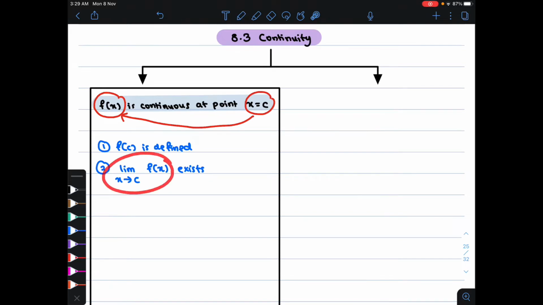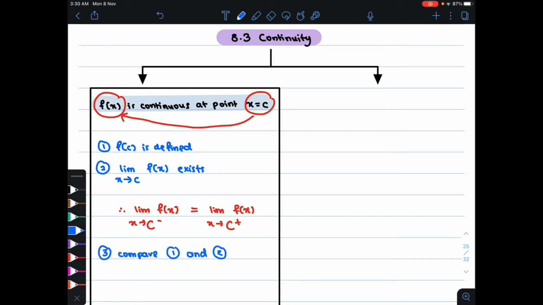If a limit exists, this means that the limit of f(x) as x approaches 3 from the left-hand side should be the same as the limit of f(x) as x approaches 3 from the right-hand side. If you can show that both limits are the same, hence you can make the conclusion.